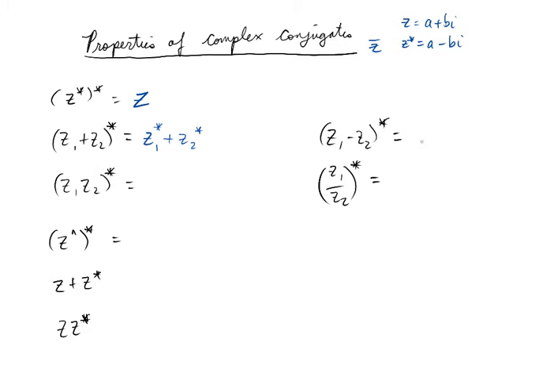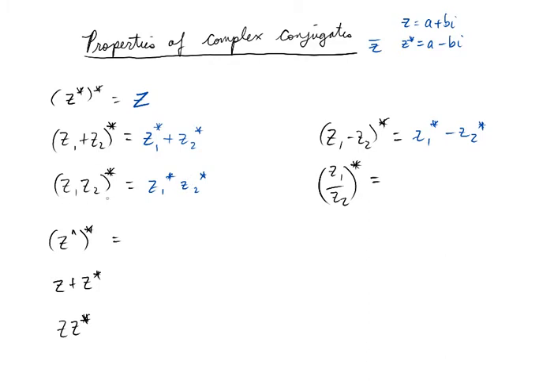Likewise with a difference of two complex numbers, you could have z1 star minus z2 star. The same goes for multiplication: the conjugate of z1 times z2 is z1 star times z2 star.